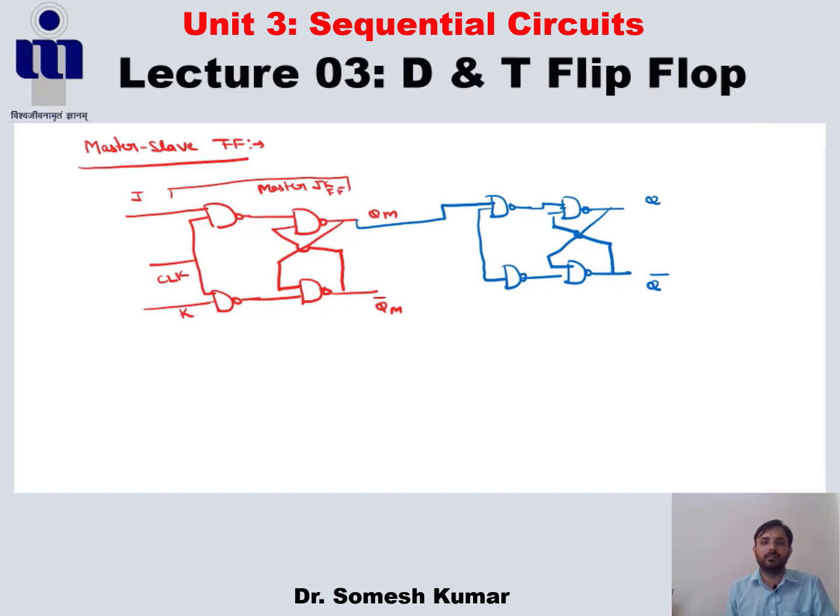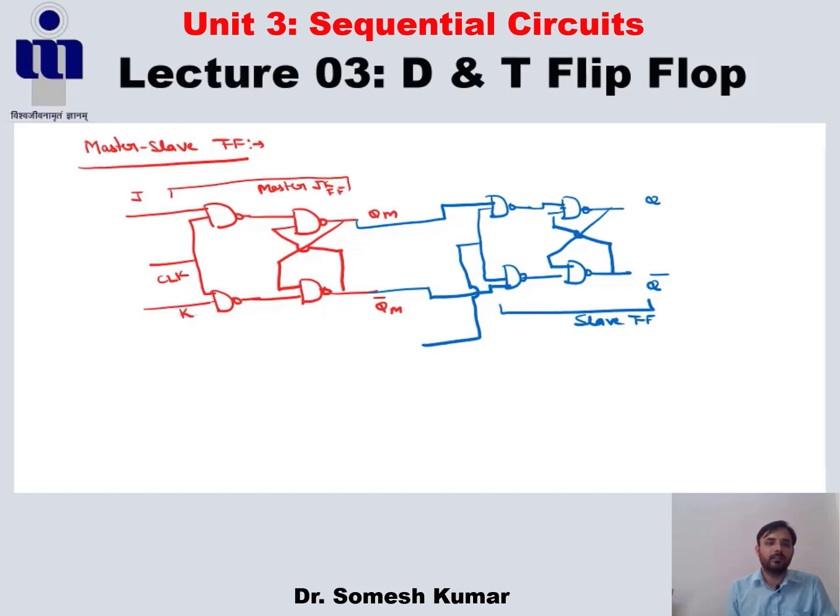And this QM is cascaded to the slave flip-flop. Fine. So this is our slave flip-flop, and this is the final output of our slave JK flip-flop or the full master slave flip-flop. Fine. And this is our clock.